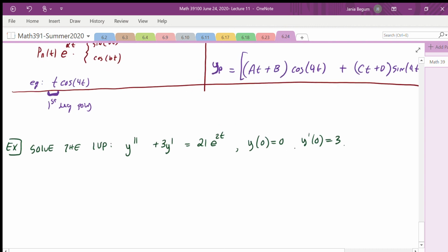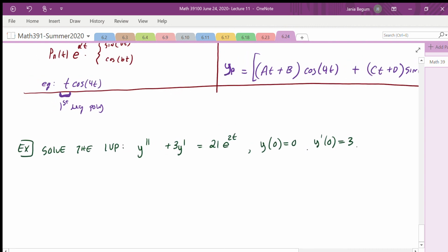So hopefully we can finish this for today. So let's go ahead and find the homogeneous solution first. So let me give you a few seconds to digest all of this. Okay, so let's start. So let's find yH.